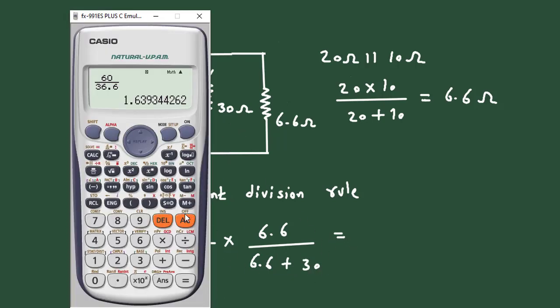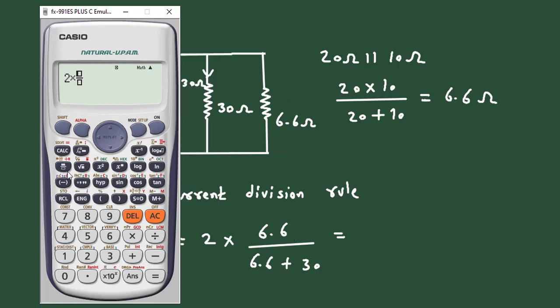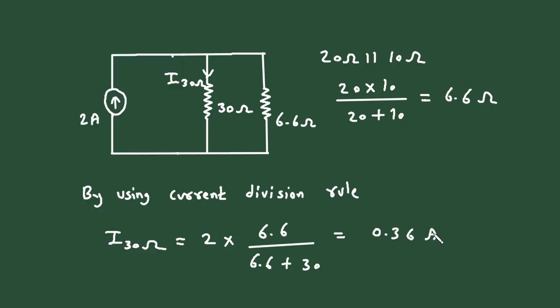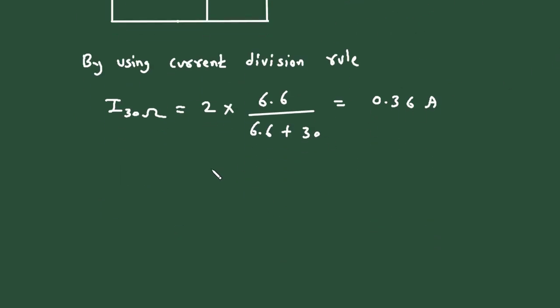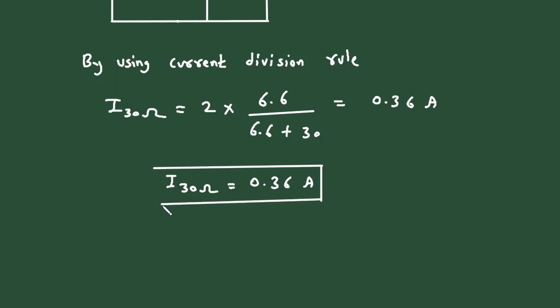So if we solve this, it will be 2 multiplied by 6.6 divided by 6.6 plus 30. So it is 0.36 ampere, the value of I30 ohm. So this is how we can find the value of current by using the source transformation technique.